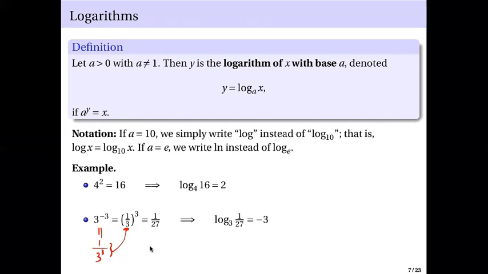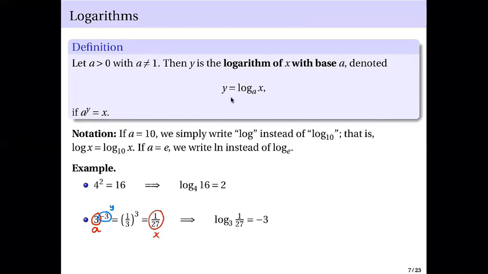But what's the point in here? We convert it to a logarithmic expression. Again, this guy here is your base a, this guy here is your x, and this guy here is your y. So we do the comparison in this equation.